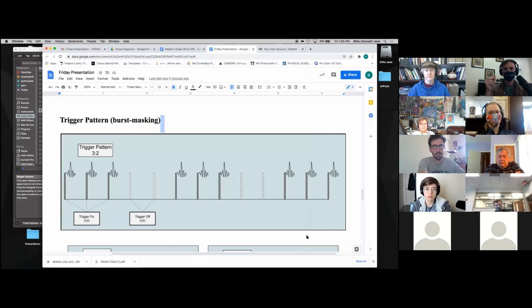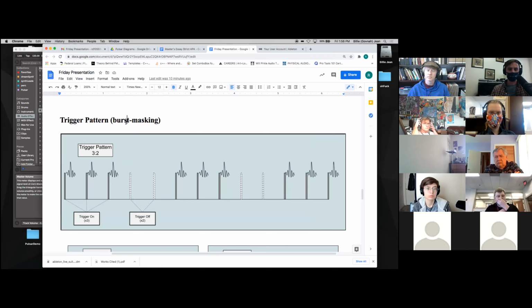So like 1, 2, 3, rest, rest, 1, 2, 3, rest, rest. It could kind of start to have a polyrhythm feel, and especially if you have other chains going. I guess that wouldn't matter, though. They don't necessarily have to be on a trigger pattern. But you can create really complex harmonic textures with things like this.